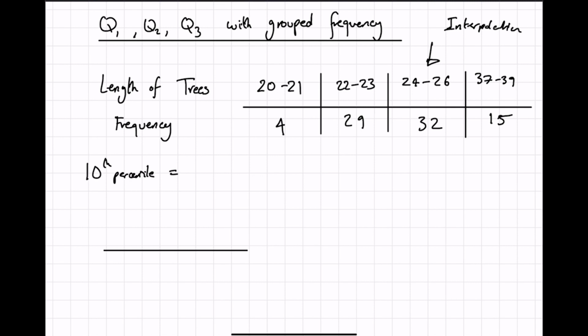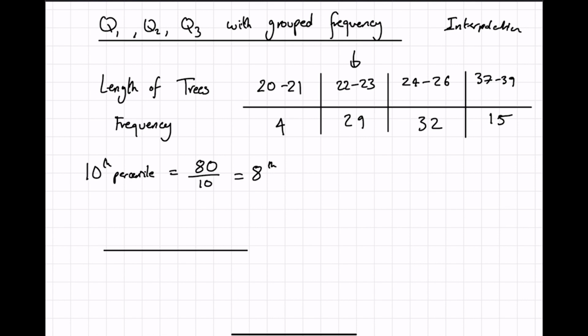It was 33, 65, and 80. So 10% of the way through would be 80 divided by 10, which is 8. So it means our 8th value. It's not going to be in there, it's going to be somewhere in this one over here. So that means we know what class we're in. We're in this class here this time.